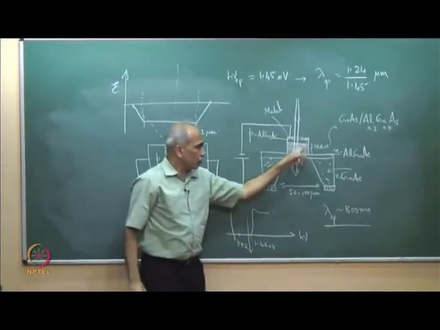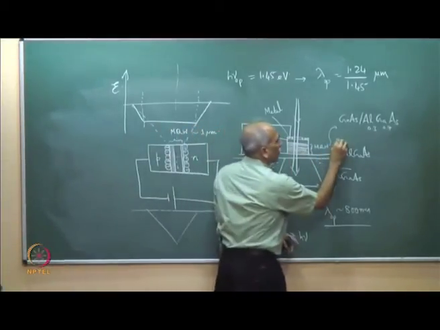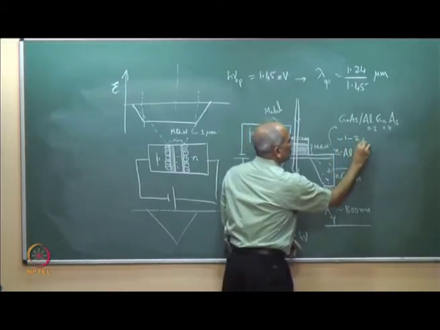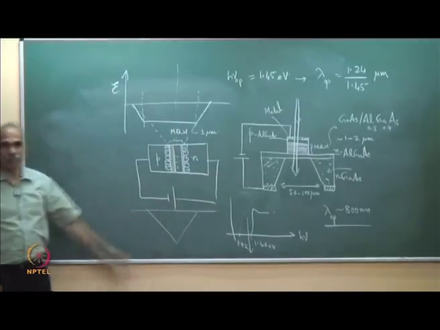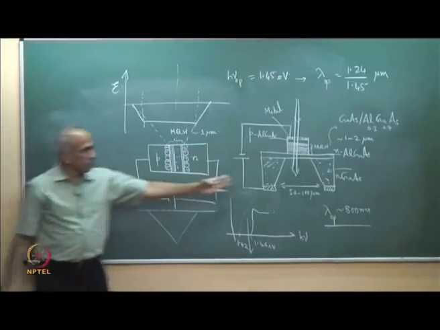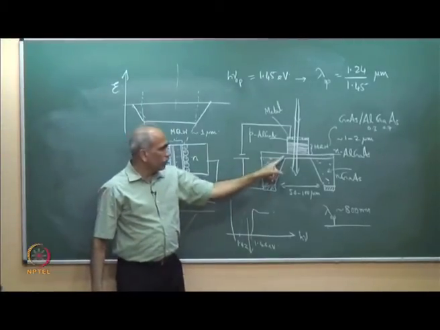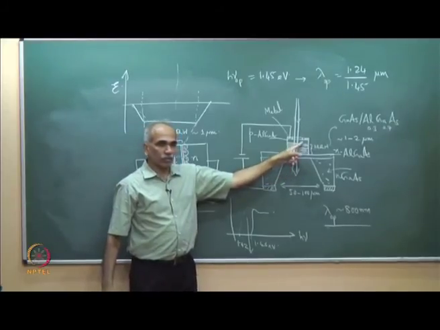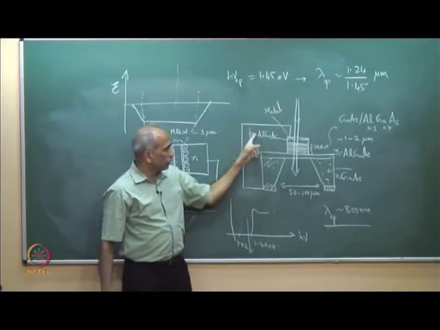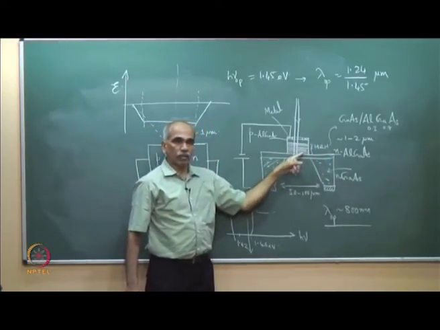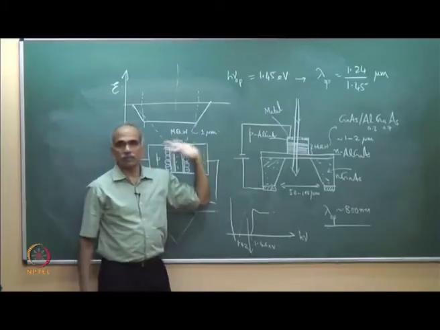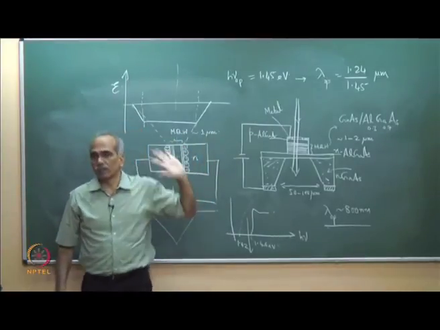And the thickness of the MQW is of the order of 1 to 2 micrometer as discussed in the principle, and it is a reverse biased PIN structure. So, P GaAs, N GaAs, a PIN structure under reverse bias. This is the device configuration.